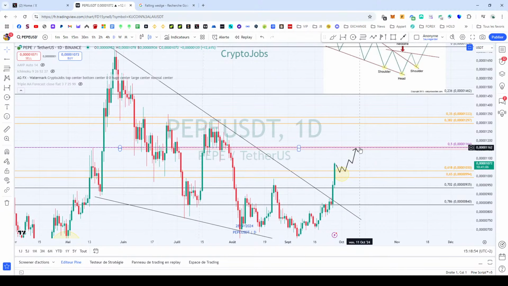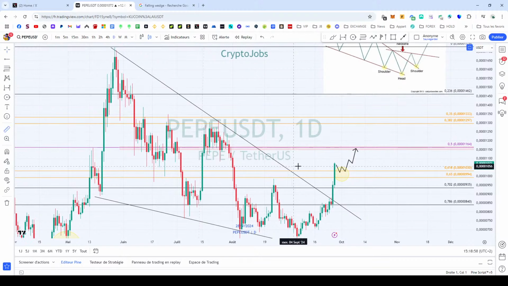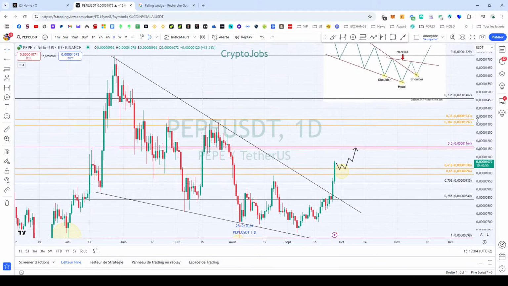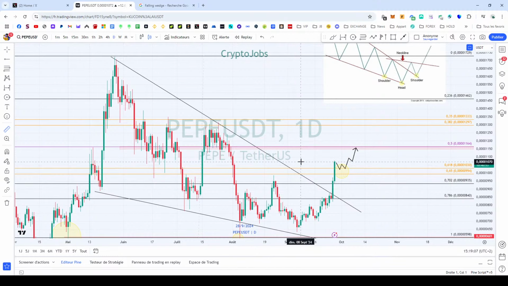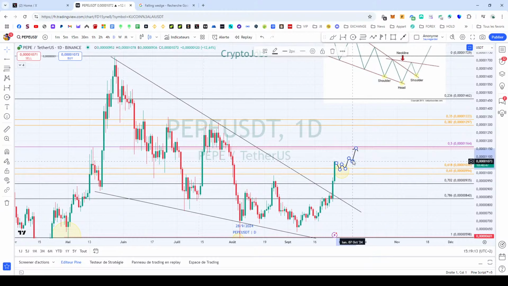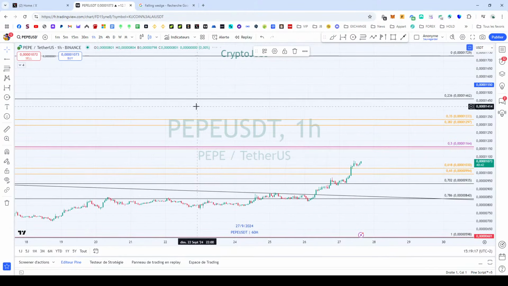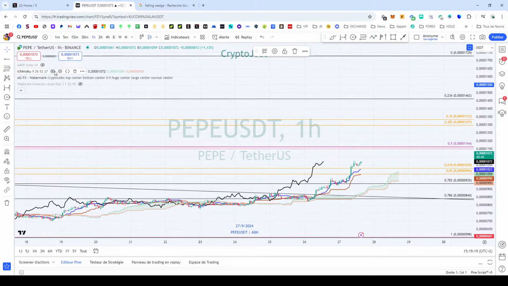Another pump, every tool is green for another 10% pump, but I won't enter in the middle of a move, because imagine if you open a 10x leverage position, price can dump 5%, you will be at minus 50%. This is not the point to be stuck in a position. So that's what I think for Pepe.